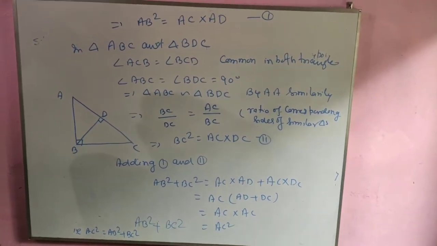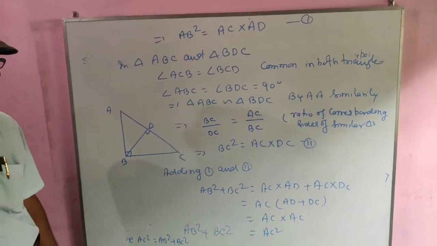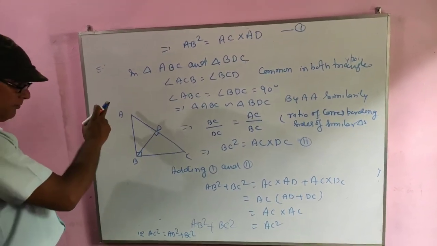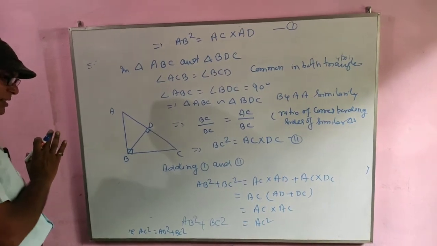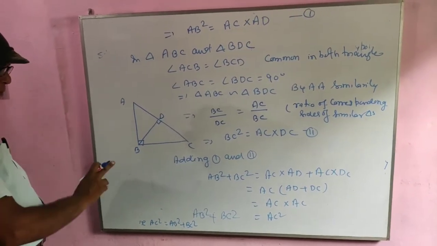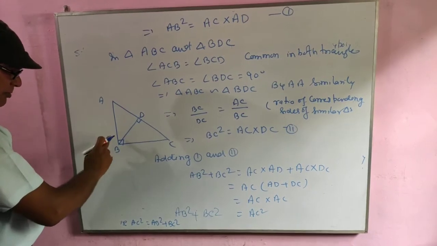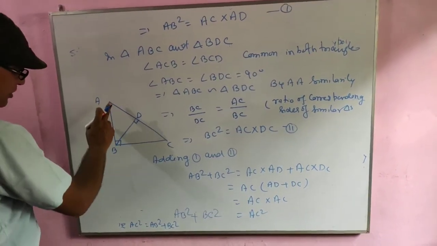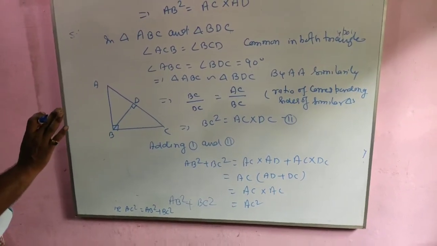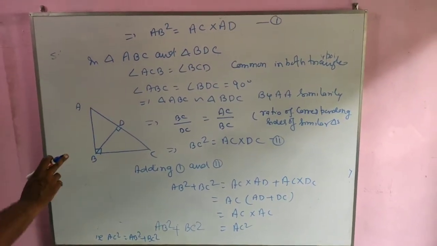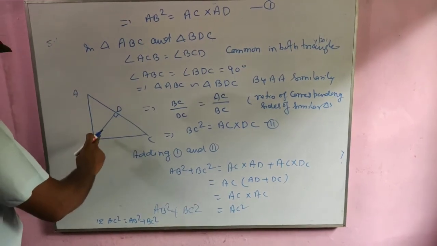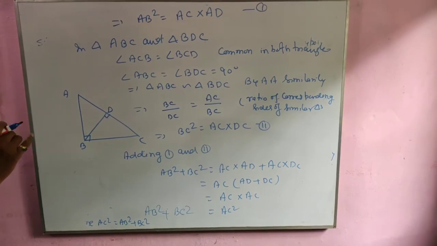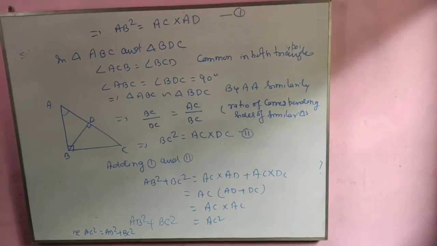Once again, in triangle ABC, angle B is 90 degrees. We have to prove AC square is equal to AB square plus BC square. For construction, BD is drawn perpendicular to AC. Now in proof, in triangle ADB and triangle ABC, this angle is common to both the triangles.